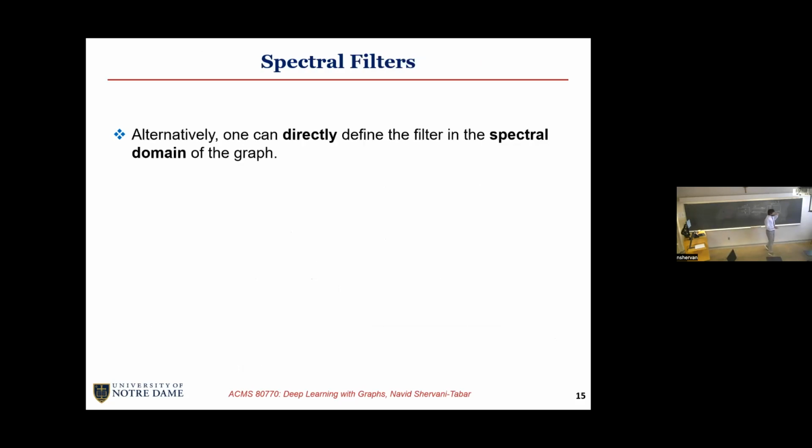So far we said that we have some convolutional filter, which we define on the spatial domain and then project to the spectral domain. But another approach is to directly define the filters in the spectral domain, right?